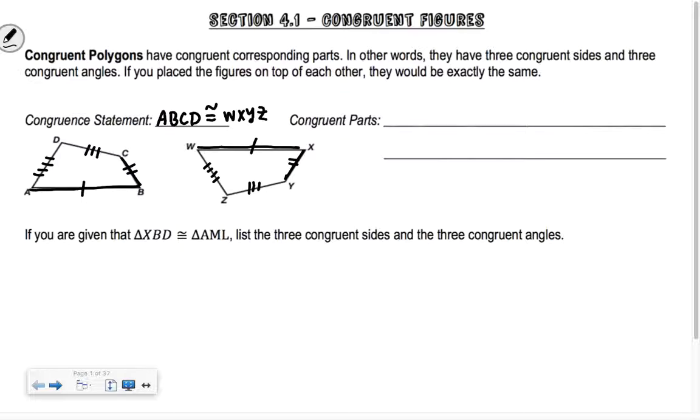That's the easy one. Whatever your first letter is, that should be the same angle measurement as the first letter of the next one. So A should be the same angle as W. We're going to say that angle A is congruent to angle W, and then B is congruent to X, right?